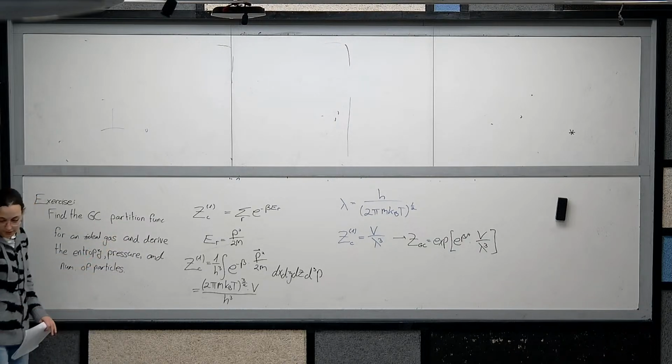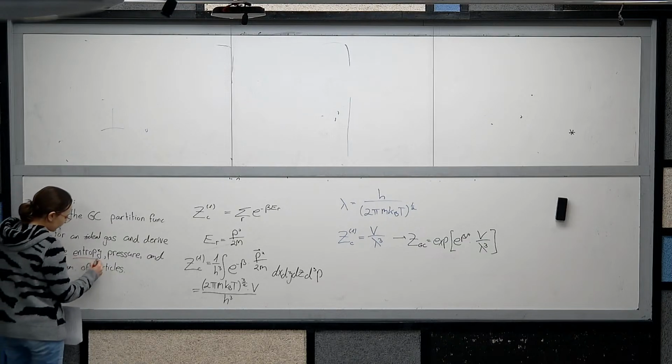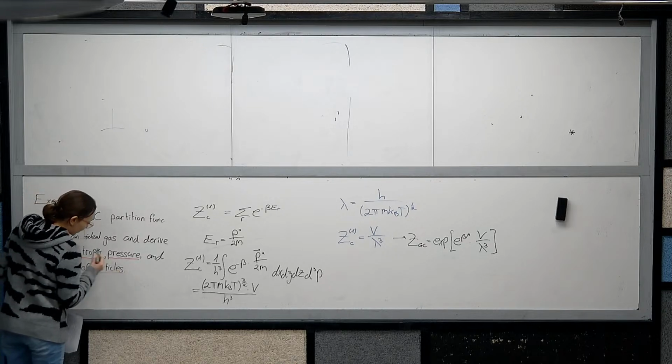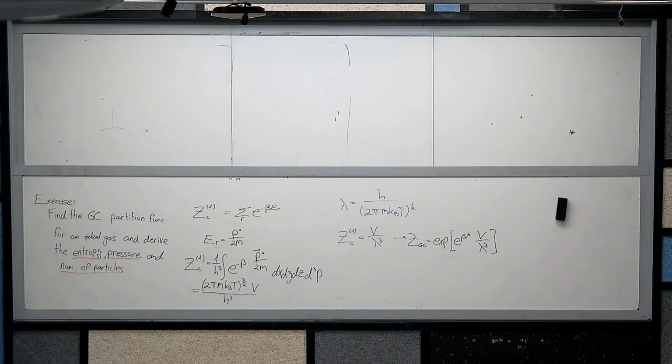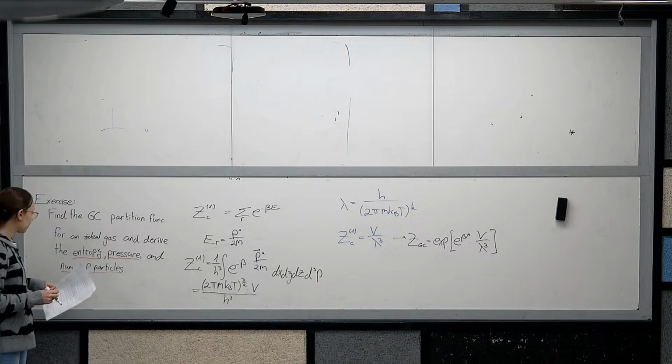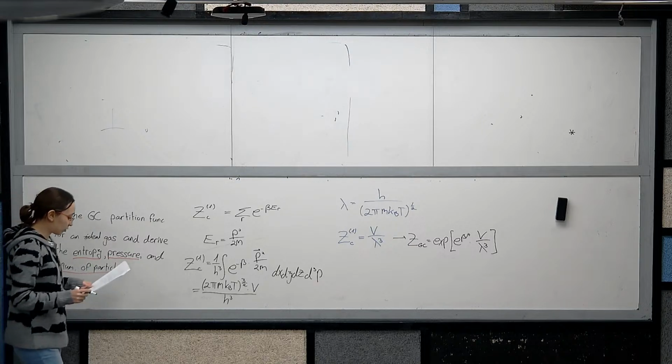Now we want to find some thermodynamic quantities. We want the entropy, we want the pressure, and we want the number of particles in the system. Okay, so let's start with the entropy.